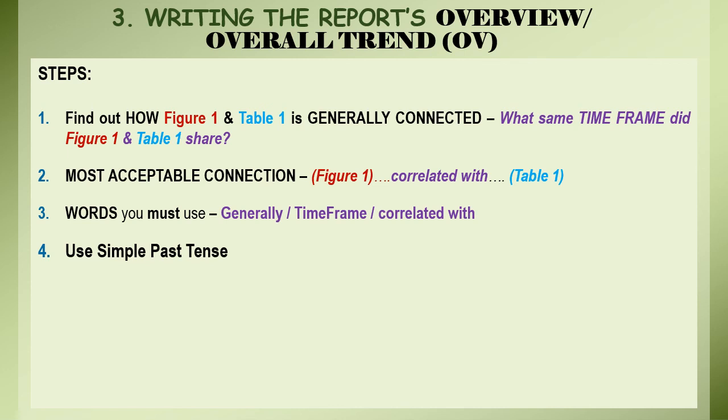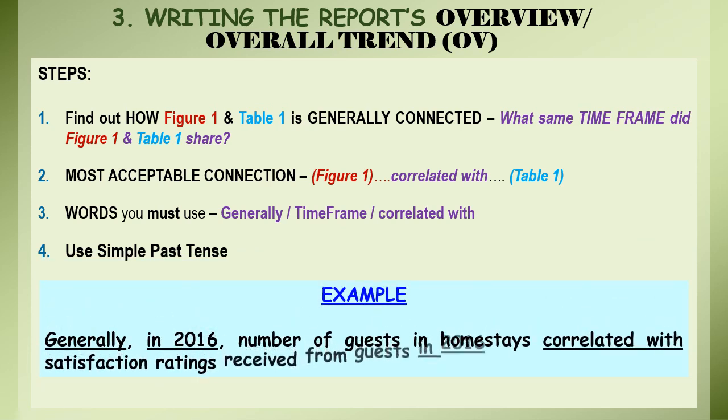Use simple past tense to write the OV. For example, generally in 2016, number of guests in homestays correlated with satisfaction ratings received from the guests in 2016.